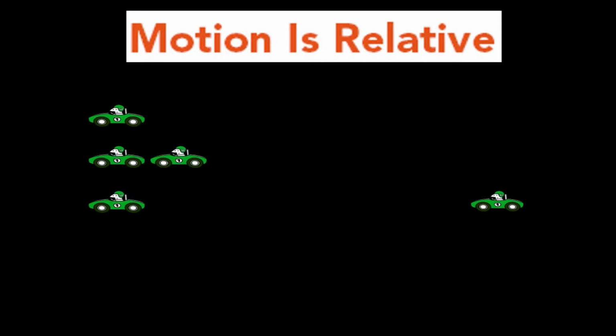Now, let's say you're in a big bus, and the bus is moving 120 kilometers per hour, and you walk to the back of the bus at 5 kilometers per hour. Well, what's your speed relative to the bus? 5 kilometers per hour. What's your speed relative to the road?